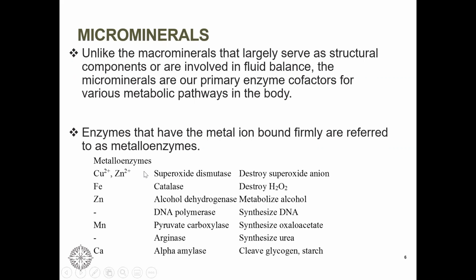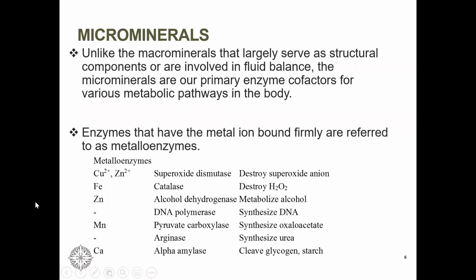Some of you would recall superoxide is a free radical. It is created in our body when we are getting rid of toxins in the liver or our body is fighting any infection. And then superoxide dismutase is our body's endogenous antioxidant, and it is made up of copper, zinc, and some other proteins.